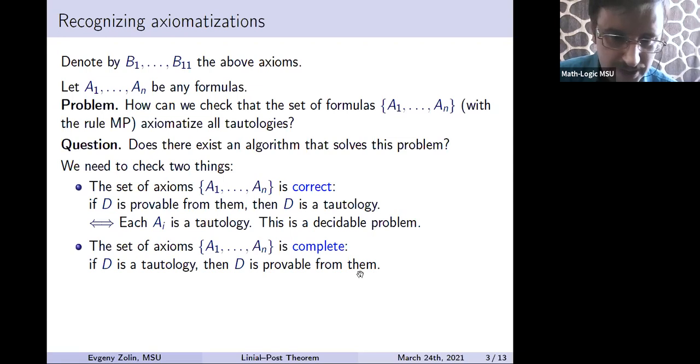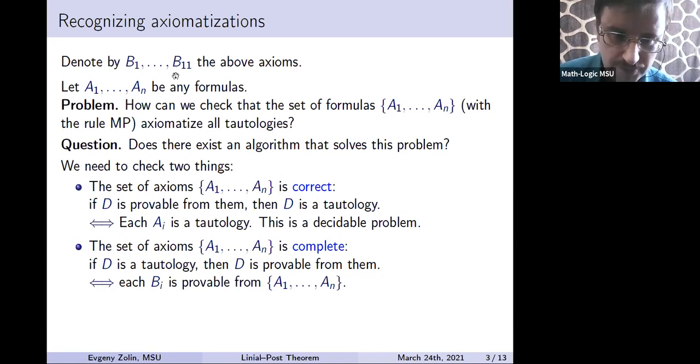On the other hand, we need to check that this set of formulas allows us to derive all tautologies. This is a completeness property, which means that for any formula D, if D is a valid formula, a tautology, then we can prove it from these axioms using modus ponens and substitution. We take these formulas as schemata. For this, it is sufficient to derive our axioms B1, ..., B11.